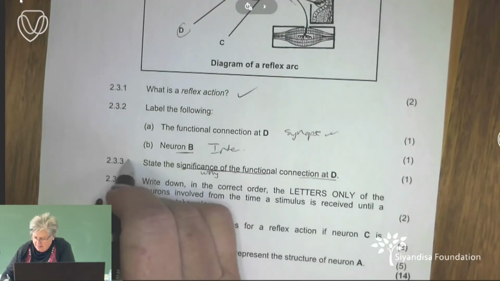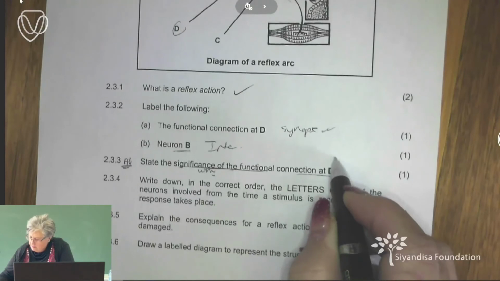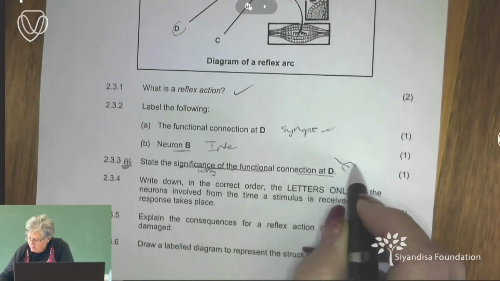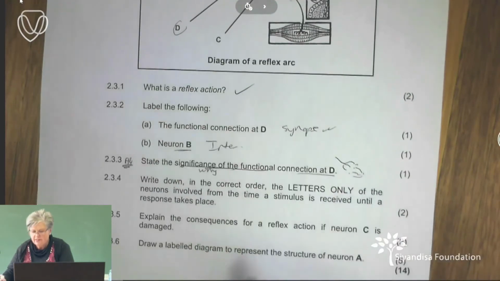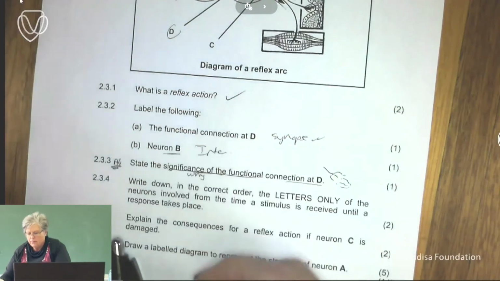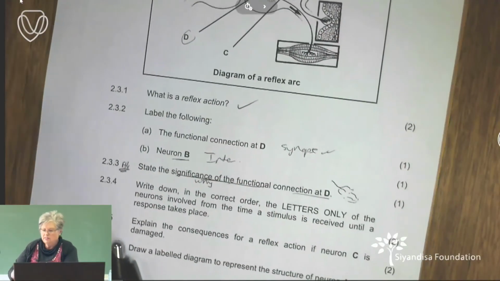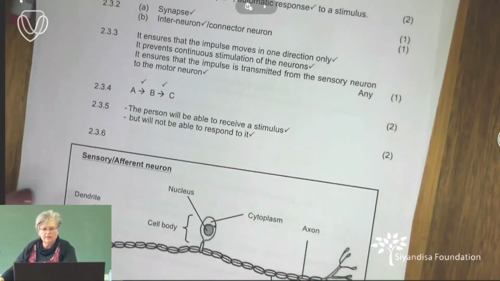This is higher cognitive. This is a difficult question. So why does one neuron end like this, and then the next neuron starts like that? Why is it not one structure? This is why you must think about what the answer will be.